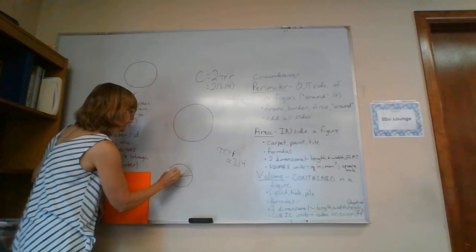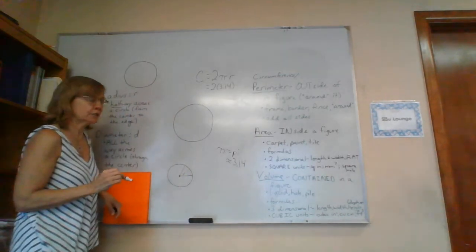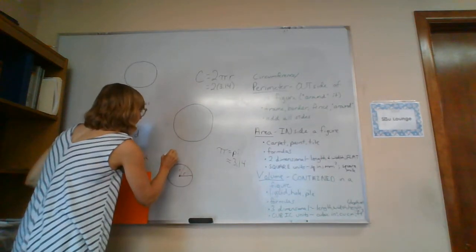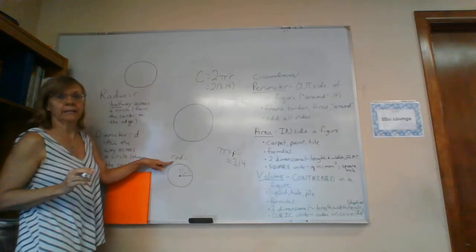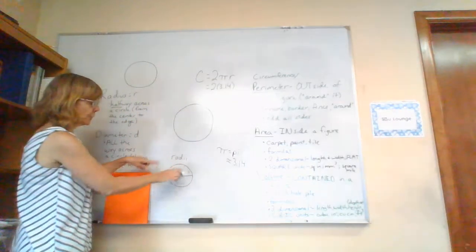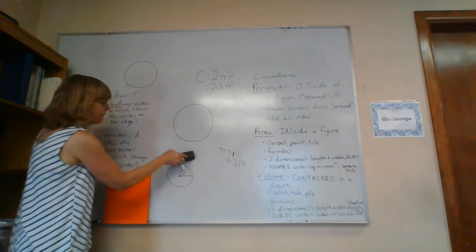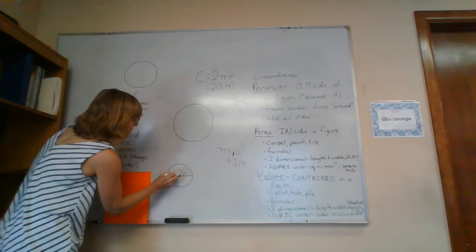Let me show you so we understand this. Right there from the center to the edge, that is also a radius. Radii is the plural, so we have an infinite number of radii in our circle. And every one of them has the exact same measurement, because that's the definition of a circle.